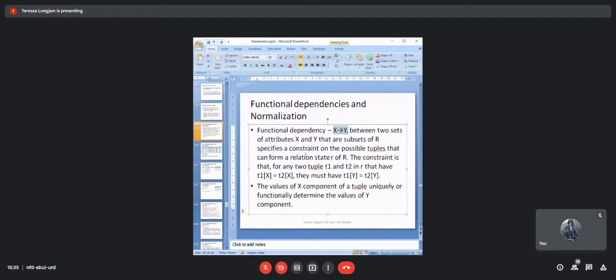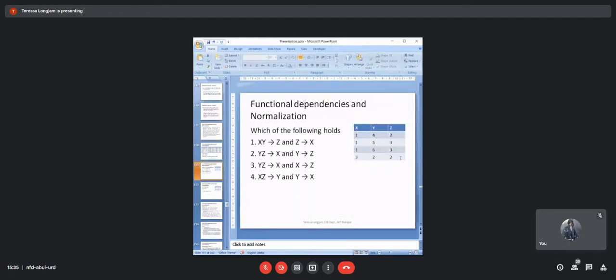Now let us check this one. If the value of x is 1, then the value of y is 4. Value of x is 1, value of y is 5. So you can't say x can determine y. Now what about y? If y is 4, then x is going to be 1.